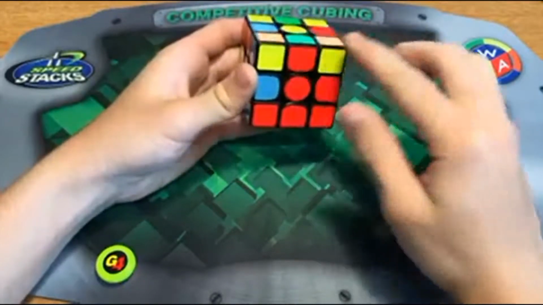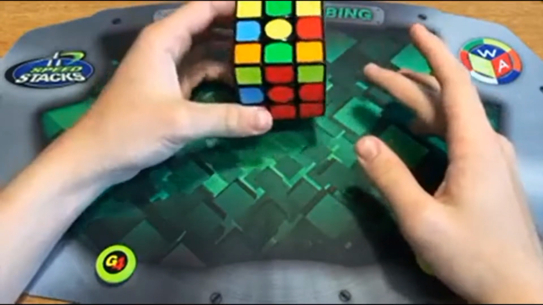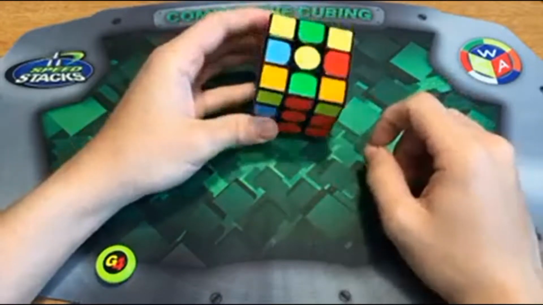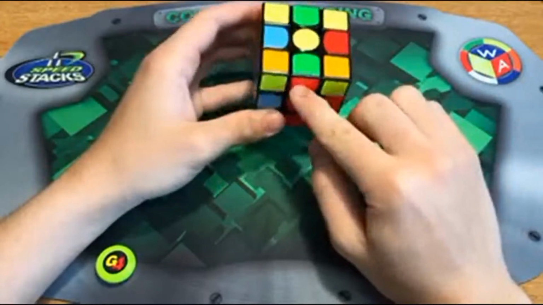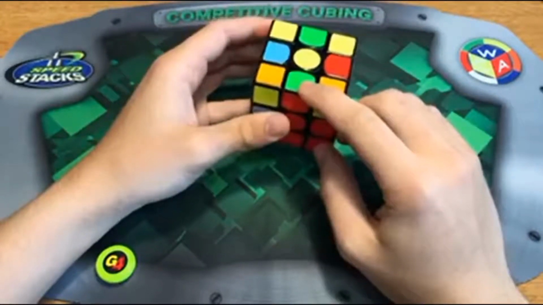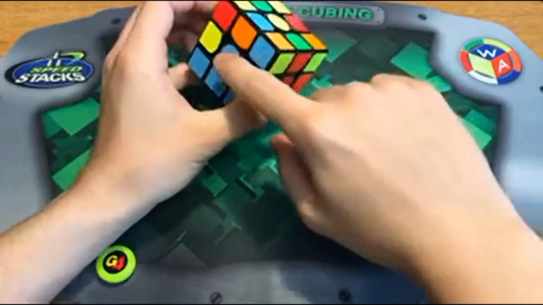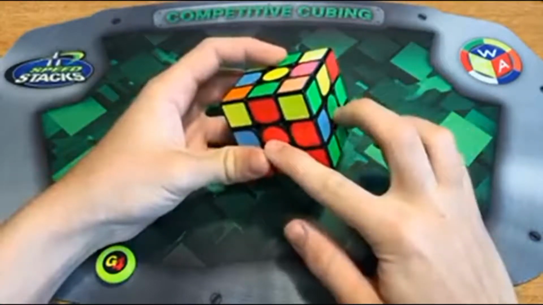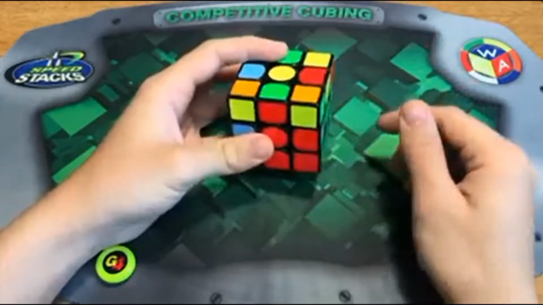Red and red, like that. Now I need to figure out, does it need to go to the right side or the left side? By looking at this color, it's red and green. So what I need to do is look for the green side, that's blue, that's green. So we know that it needs to go between red and green, because that's the red and green edge.